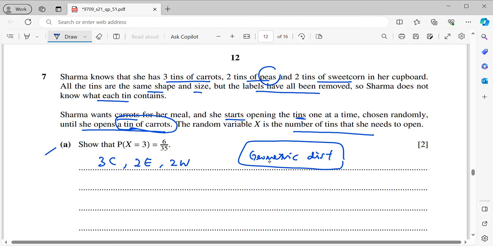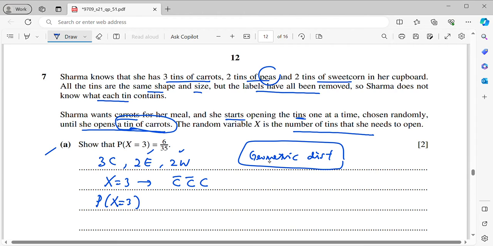So now P(X equals 3) means that she will get the first tin of carrots on the third tin. So X equals 3 means that the first 2 are not carrot tins, and the last one is a carrot tin.